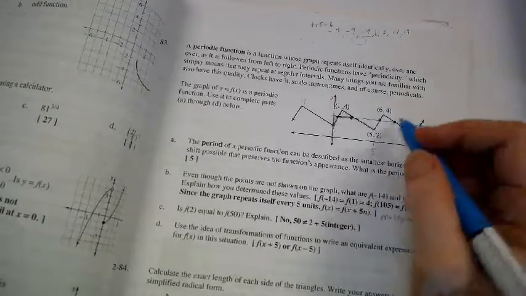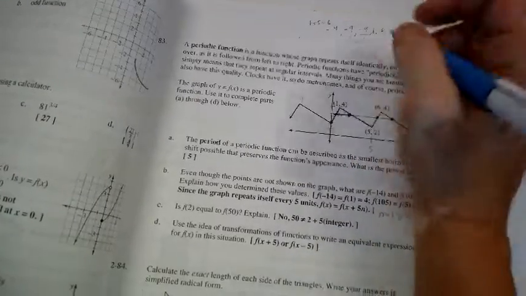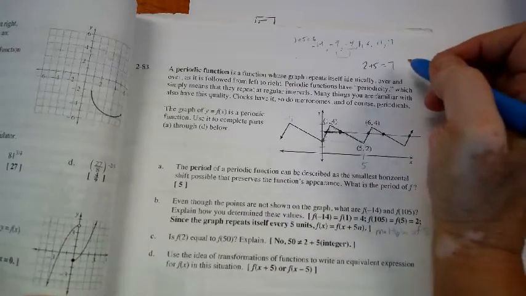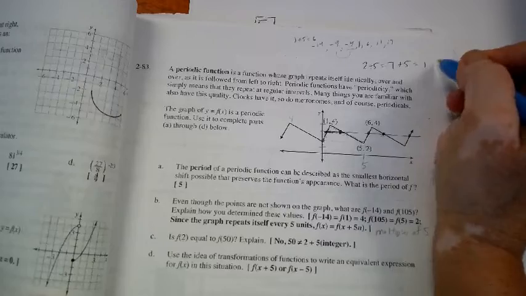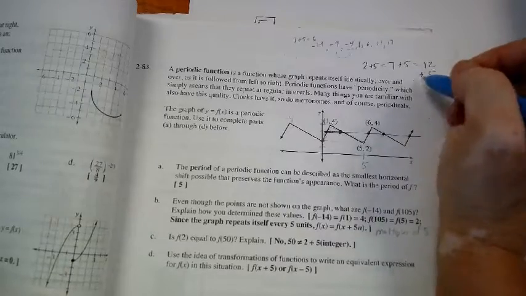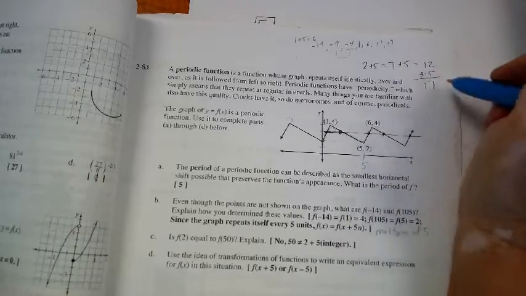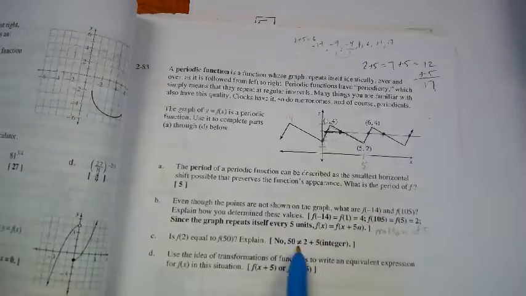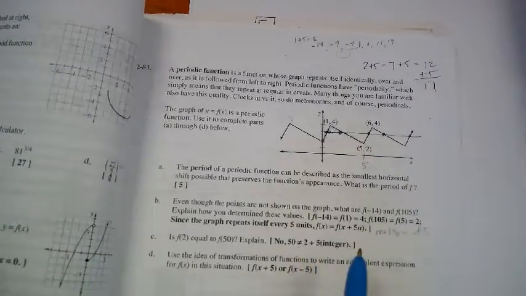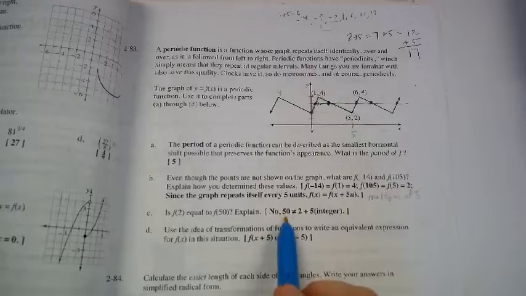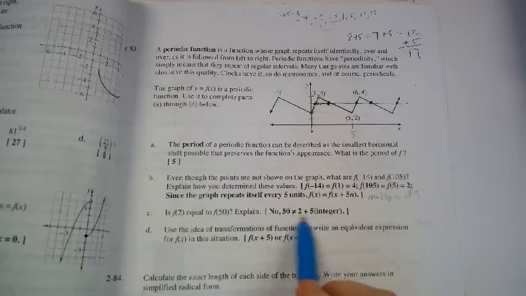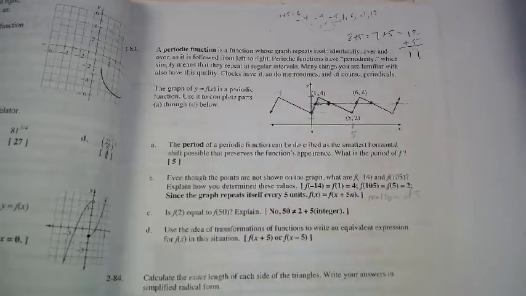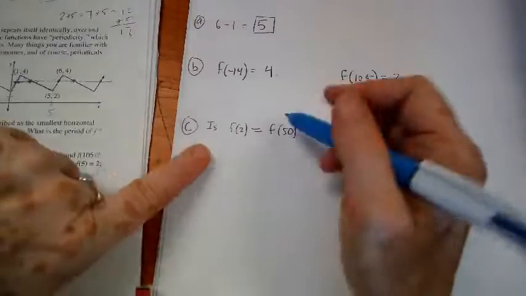I'm counting by 5s, but starting at 2. But I know that number is never going to equal 50. So I think that's what it's getting at. You're never going to get a nice even 50 out of that. So we're going to say no, they're not equal.